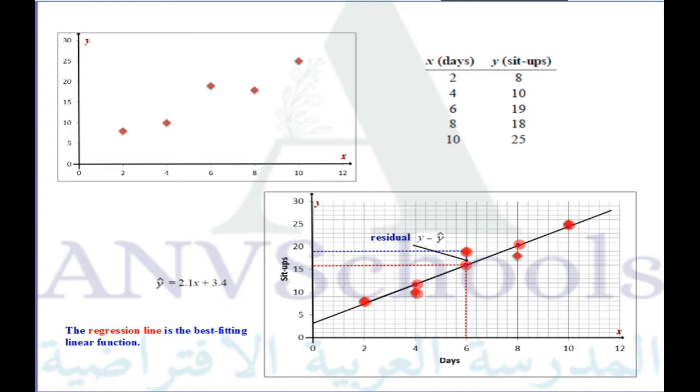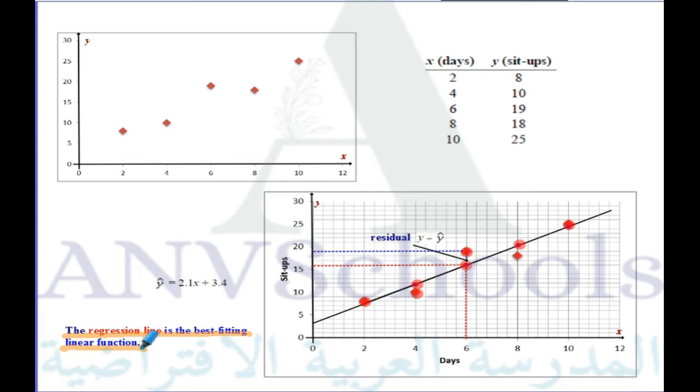When you have a spreading of the data, sometimes you couldn't fit all the points on a line, so the solution used by mathematicians in modeling this spread data is the computation of a regression line. Now, a regression line is the best fitting linear function.